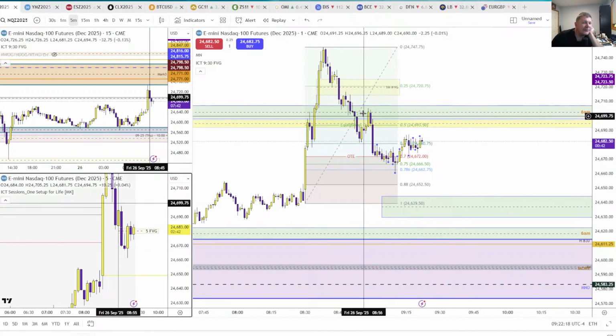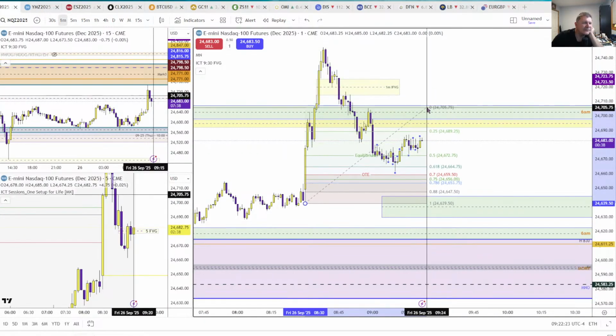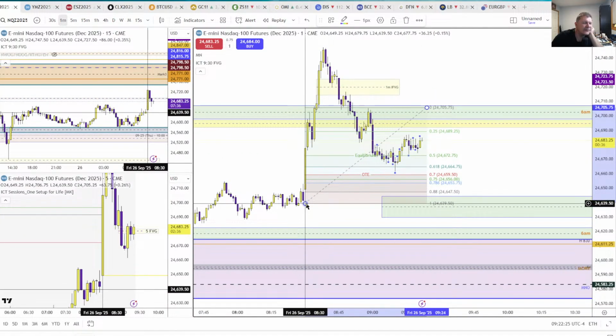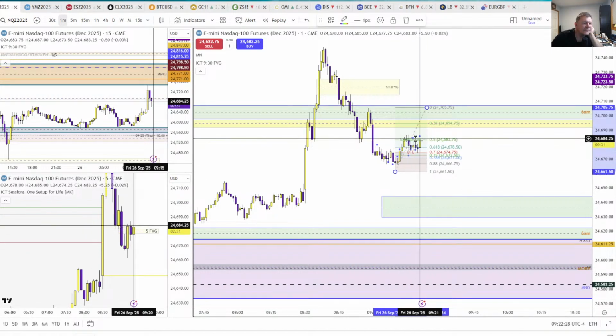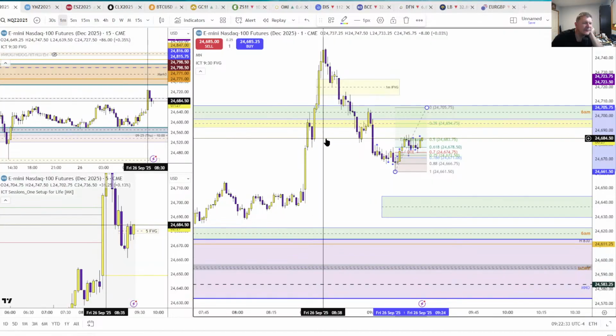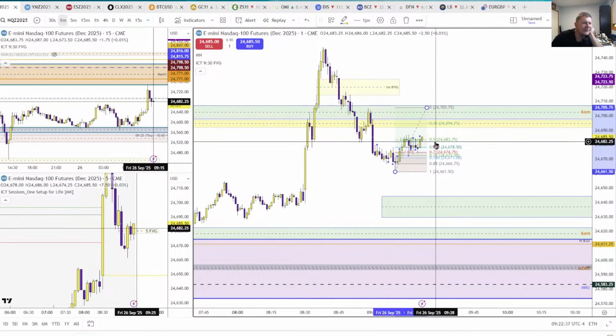And right now we're stuck inside that range. Pull that small little range right there. We are sitting at 50%. Strangely enough, it lines up with the same level we're looking at right there. Is it a data point? I don't know. What do you think?